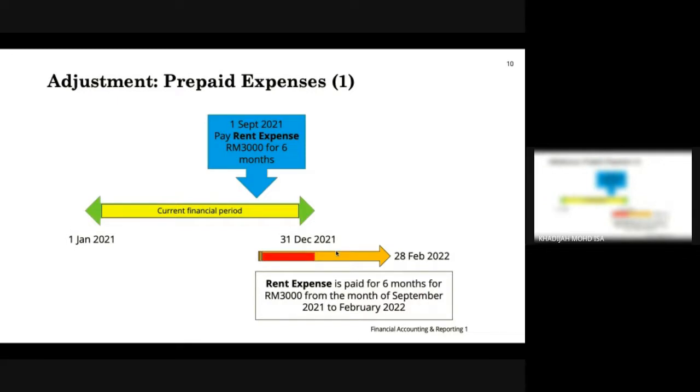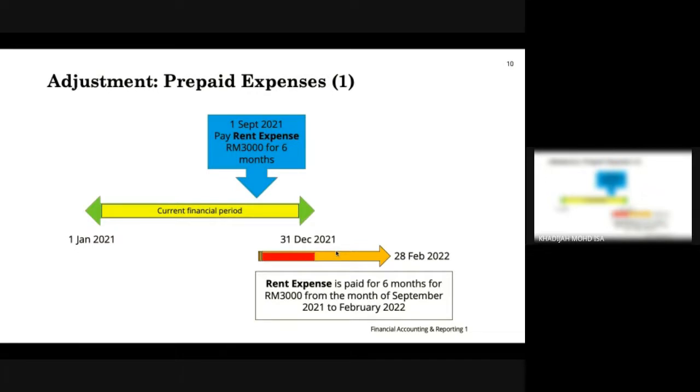So this is your current accounting period. The other 2 months is the future accounting period. Because you pay for 6 months, you have to recognize which part is for the current accounting period, and which part is for the future accounting period. So rent expense is paid for 6 months from September to February 2022.